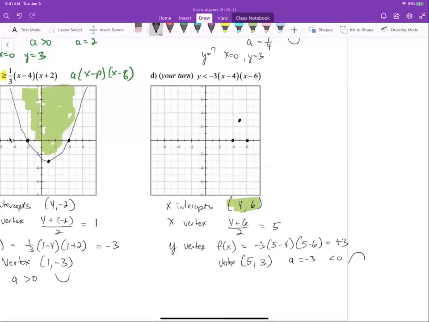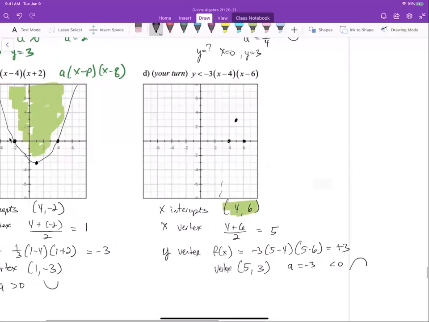So this will have to do. It does not have an equality, so this will be a dotted line. Then we have to shade, and since y is less than that, we will shade under the graph, and that will be my solution there.